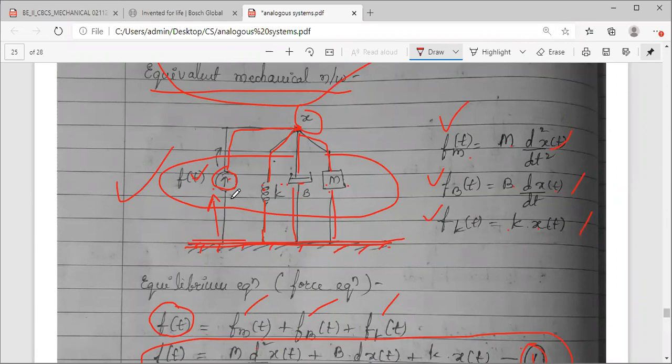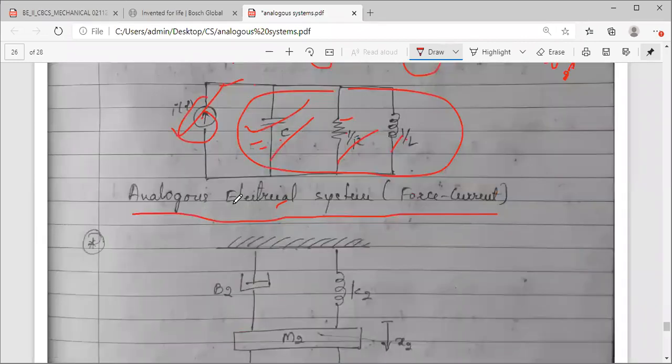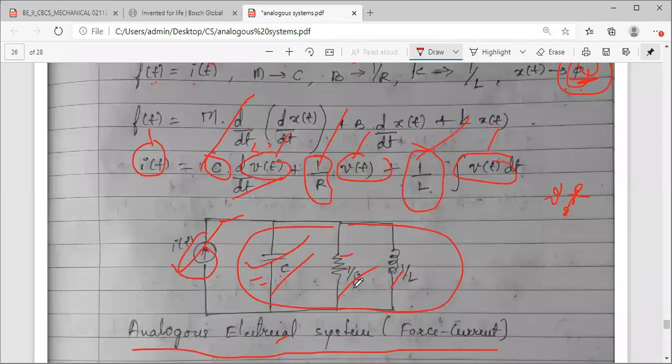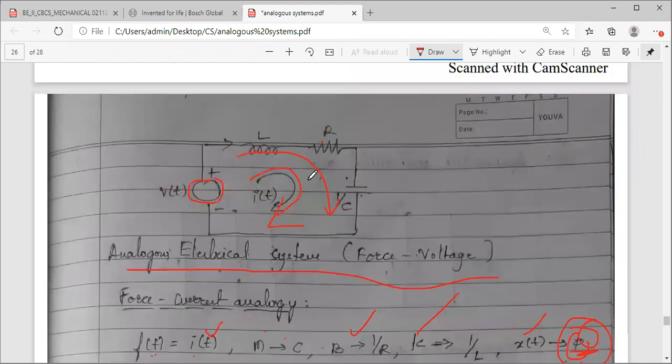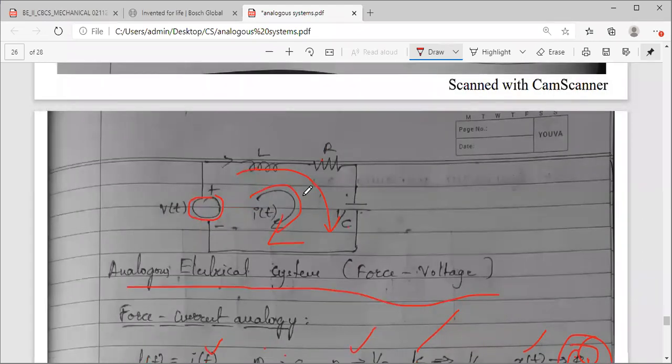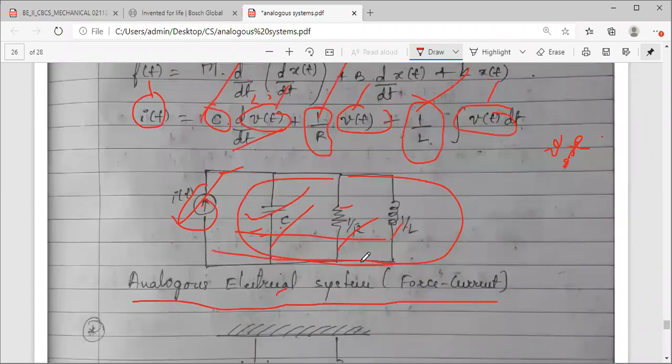And once the force-current analogy is with you, what will the force-voltage analogy tell you? Things which are connected in parallel here should be replaced with things connected in series. However, the quantities should be those for force-voltage. Try to understand. If you simply convert this connection to series, that is not correct, because this capacitance is for force-current, but for force-voltage the equivalent value is different.